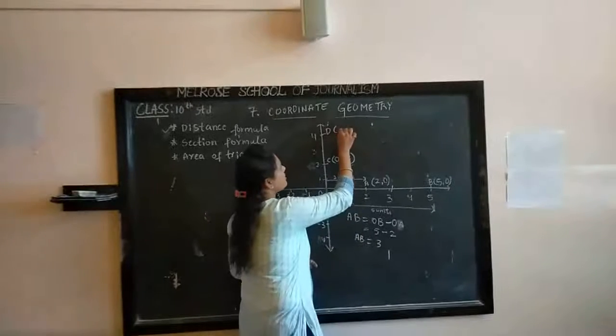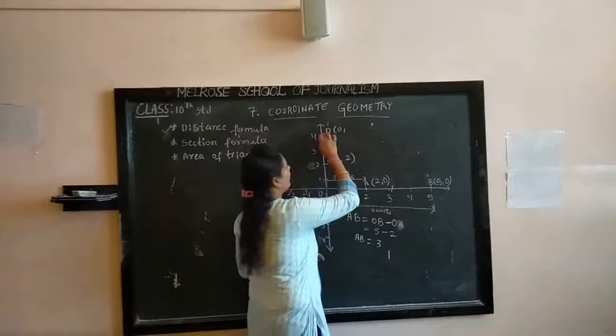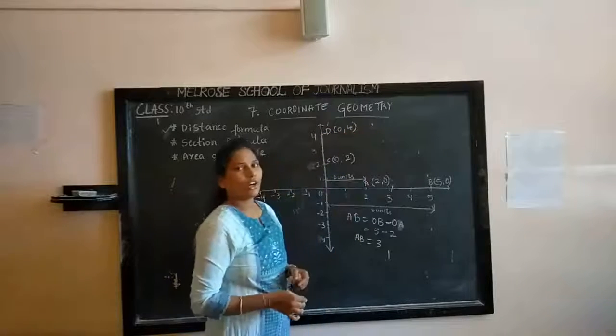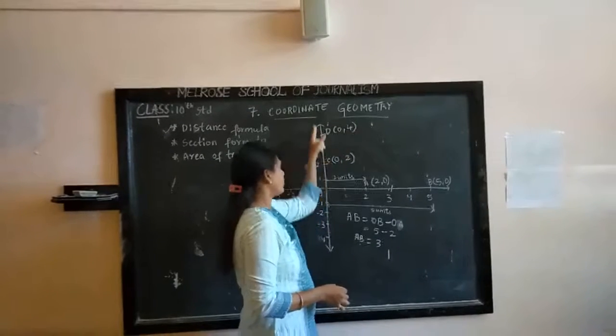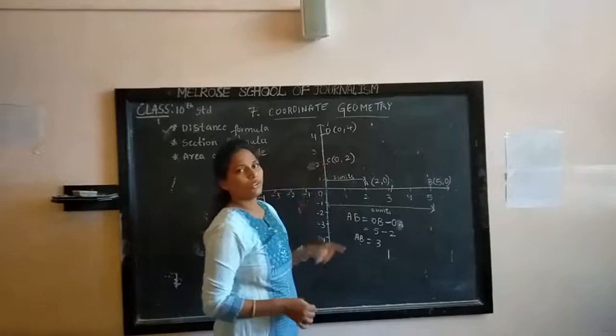In the same way, D is 0 and the distance from origin to point D is 4 units. That is its ordinate. Ordinate means y coordinate value. Since these 2 points are lying on the y axis, their x coordinate value is 0.